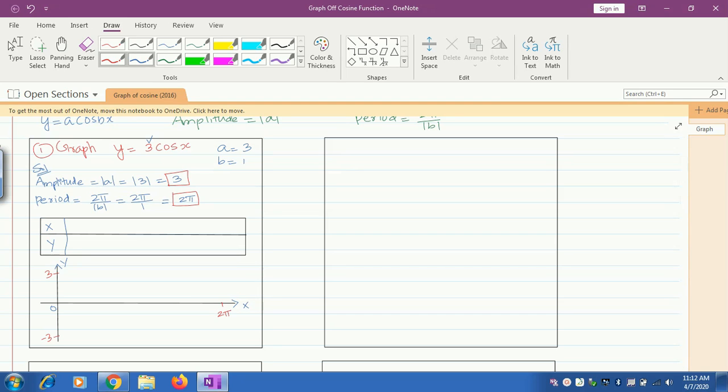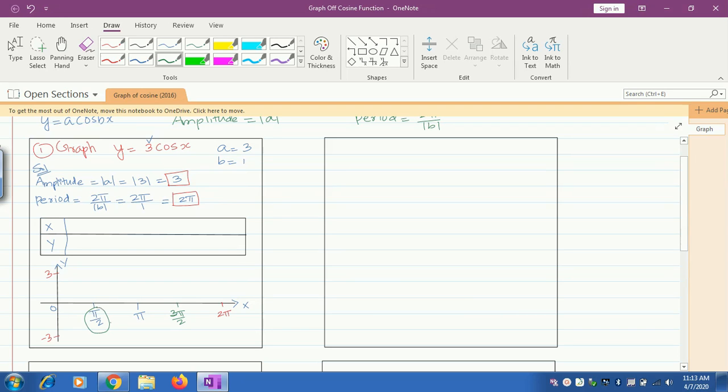The same story. What is half of 2 pi? It is pi. What is half of pi? It is pi over 2. Next, multiply by 3, so you will get 3 pi over 2. This is the same concept we followed in the sine function.